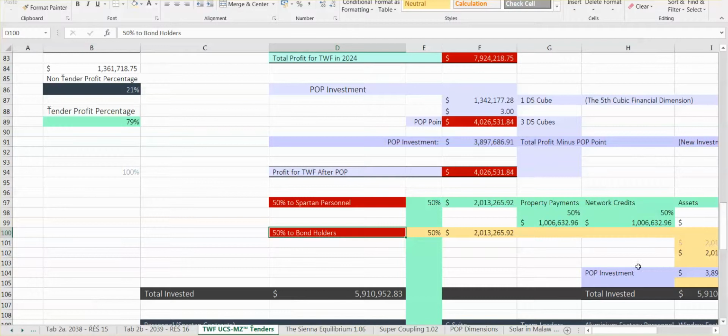So, look, the point is 25%, 50% of the profit goes to the Spartan personnel. Spartans are any personnel in Malawi, and 50% is saved now by S-World, sworld.org, or however we structure it, and that basically becomes a form of gold standard, as S-World owns all of the companies that are created in Malawi, in essence, although 50% of whatever profit goes to the personnel.